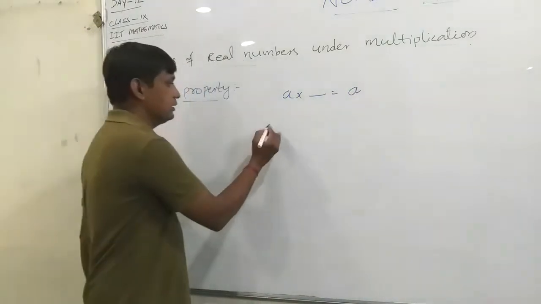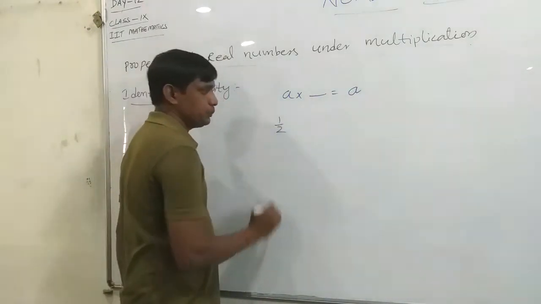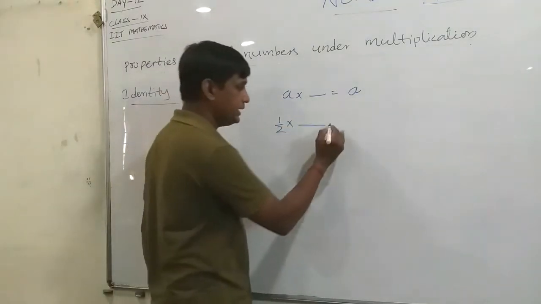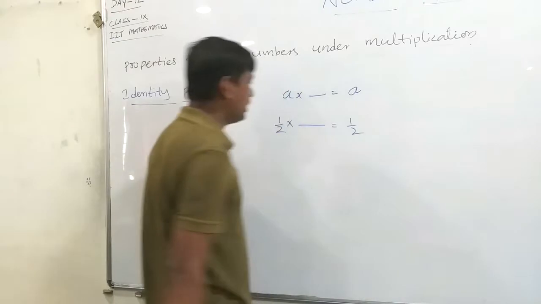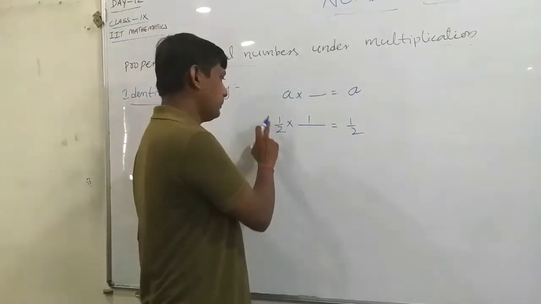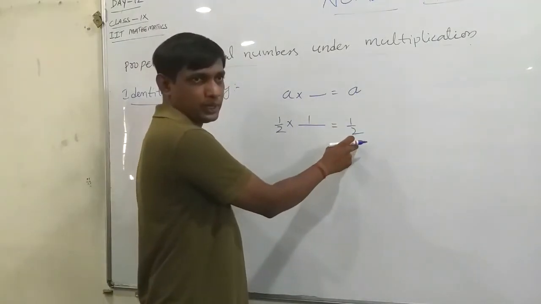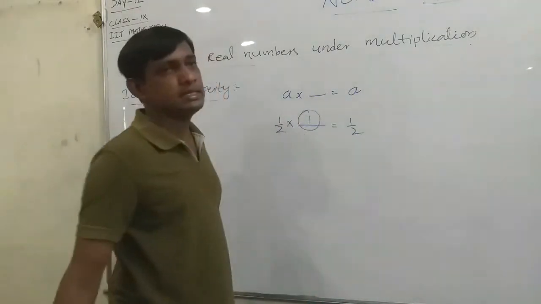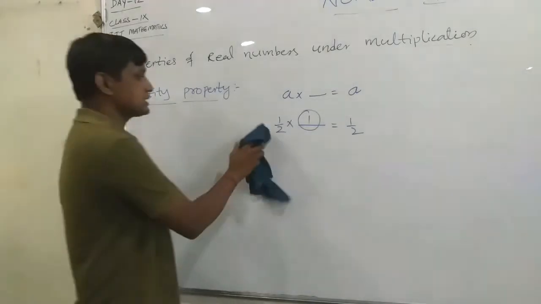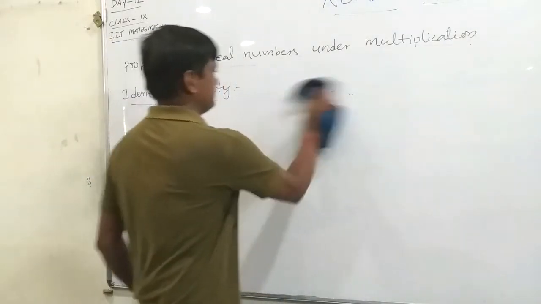Example, I am taking 1 by 2 should be multiplied with some number. Then I need to get the same value. Then how much I have to multiply? 1. 1 by 2 into 1 is equal to same 1 by 2. Hence 1 is the multiplicative identity. So here I am going to take the general example and we will solve it.